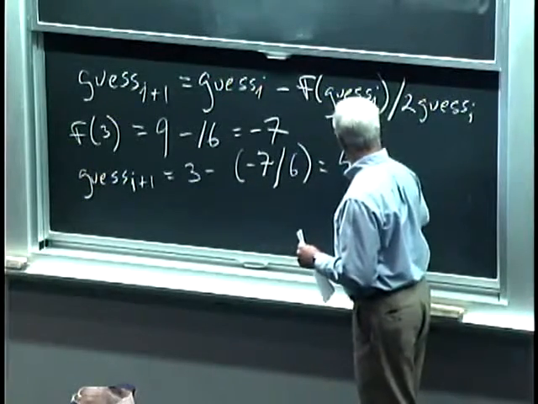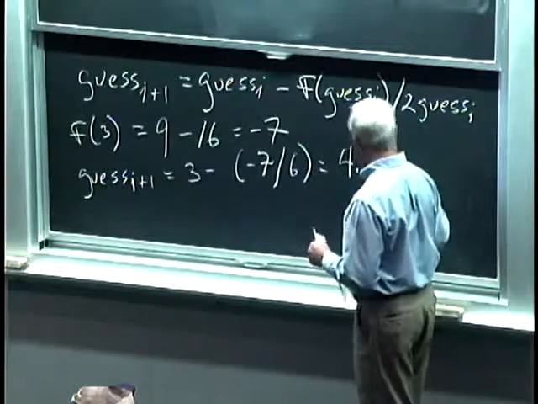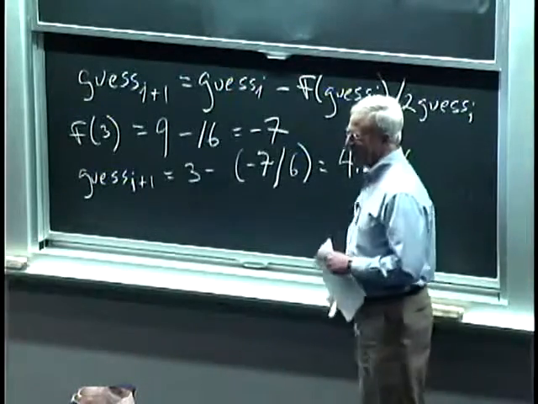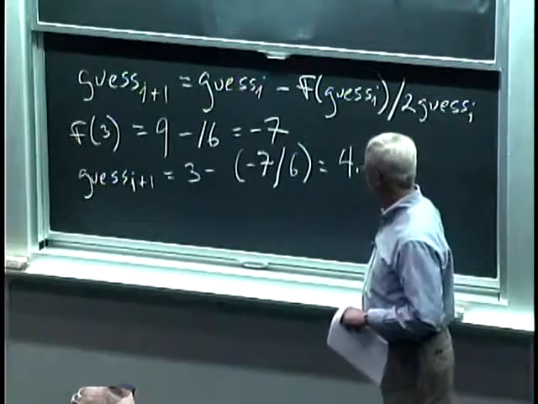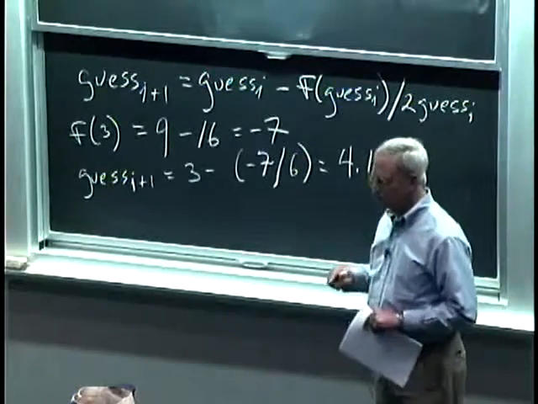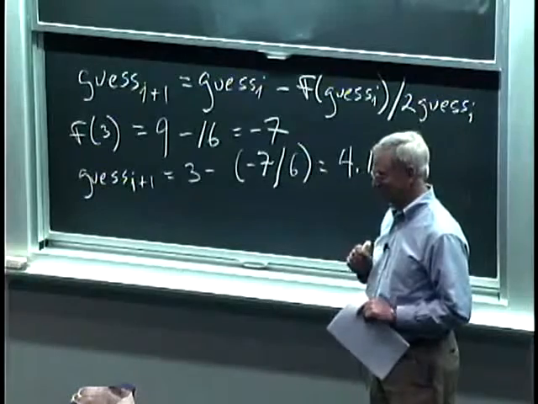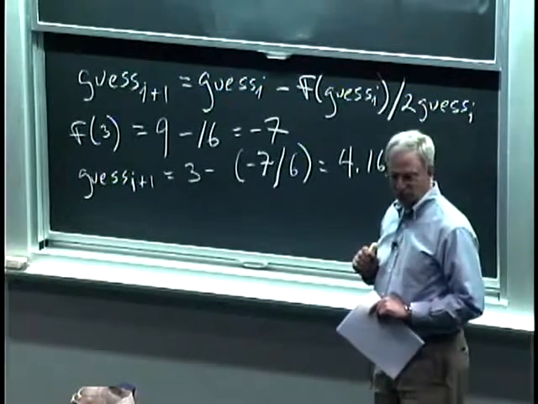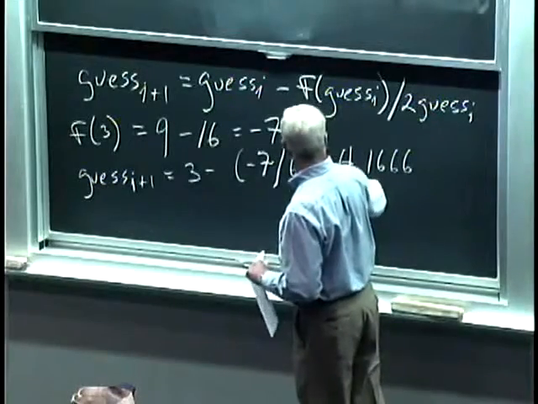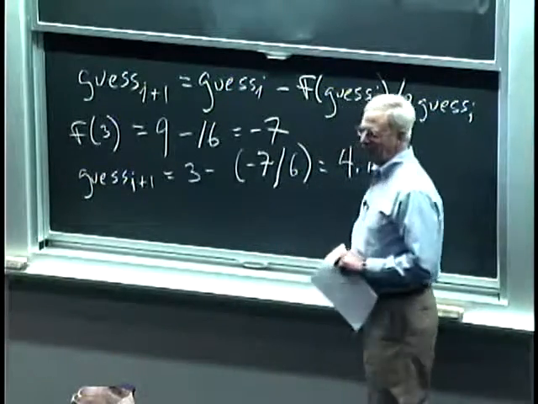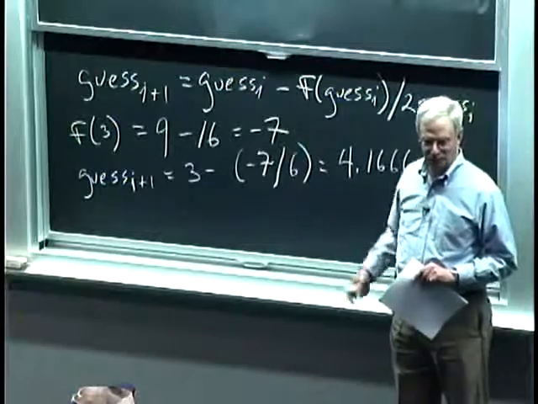And I get, as my new guess, 4.1666, thereabouts. So you can see I've missed, but I am closer. And then I would reiterate this process using that as guess I and do it again.